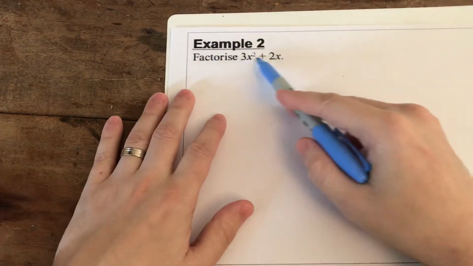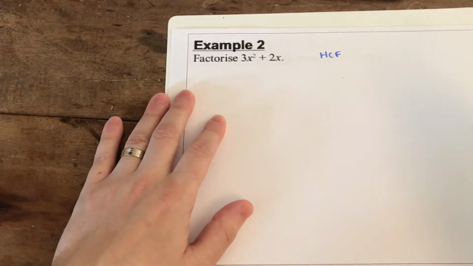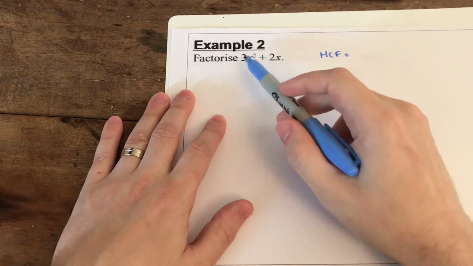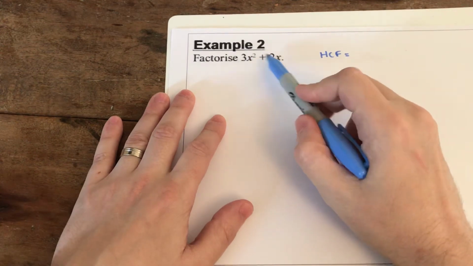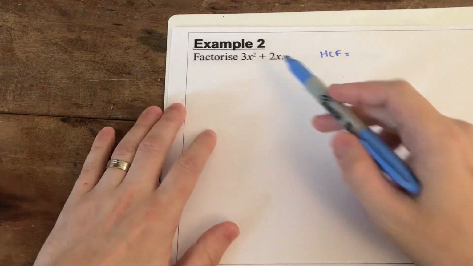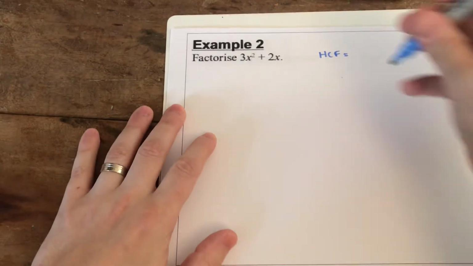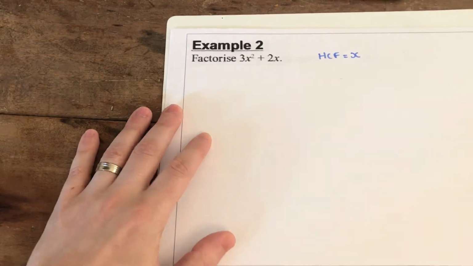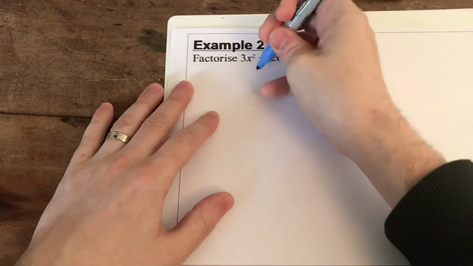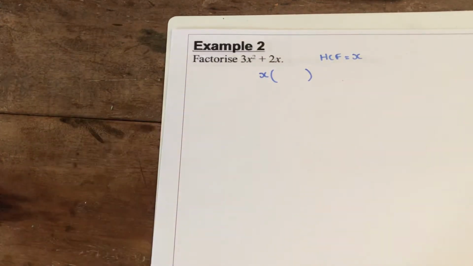Okay, if we have a look at our next example, again we follow the same process. We have a look at 3x squared and 2x and we look for the highest common factor. Now, there isn't a numerical value that goes into 3 and 2 other than 1, so it's not going to be that. We look at x squared and x. There is an x in both of these terms, so our highest common factor would be x. What I then do is I take x out and I put my single brackets in.